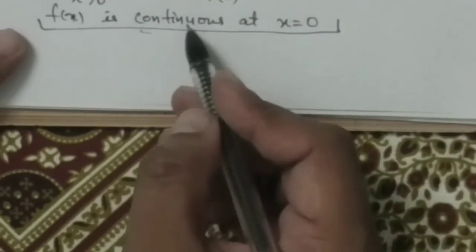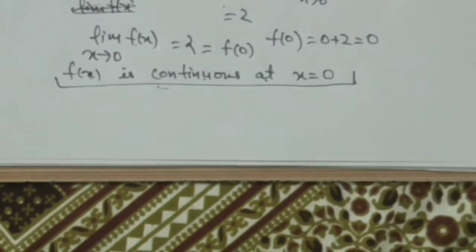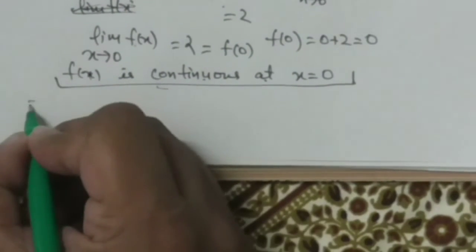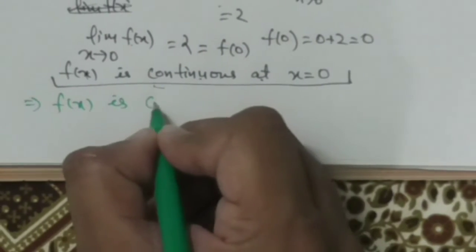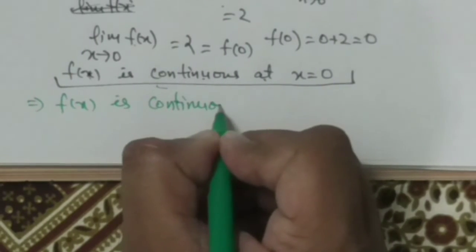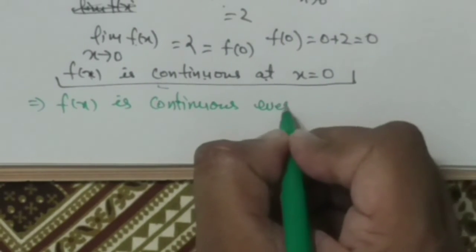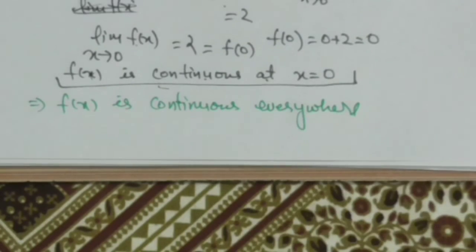And now I have proved this function f(x) is also continuous at x is equal to 0. So it means that this function f(x) is continuous everywhere. So here we have proved that this function f(x) is continuous everywhere.